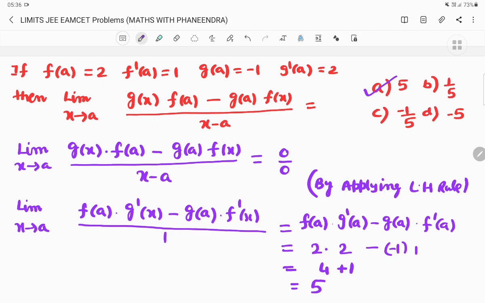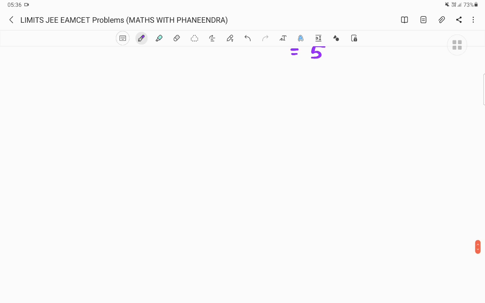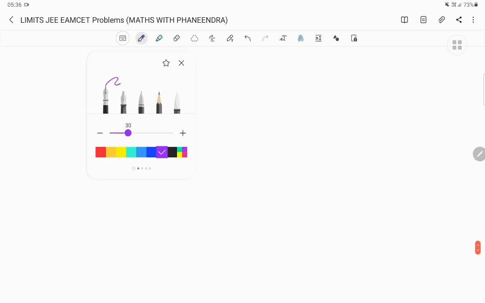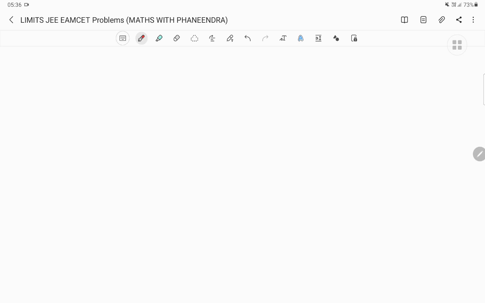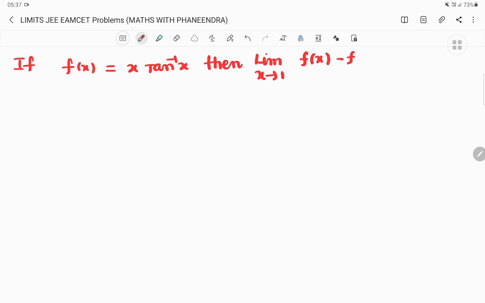Let us take another example. After that we will end the session. If the question is like this, if f of x is equal to x into tan inverse x, then limit x tends to 1, f of x minus f of 1 divided by x minus 1 equal to.